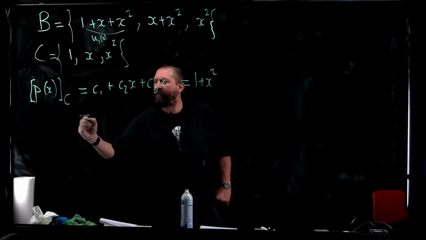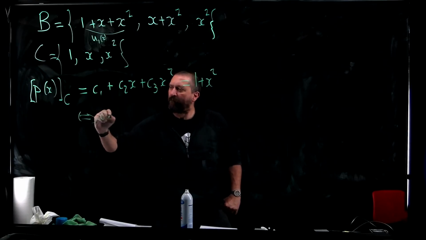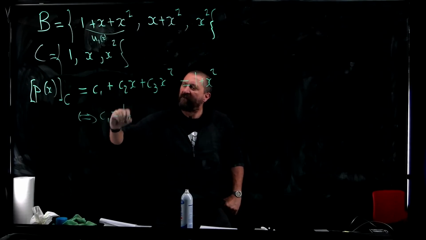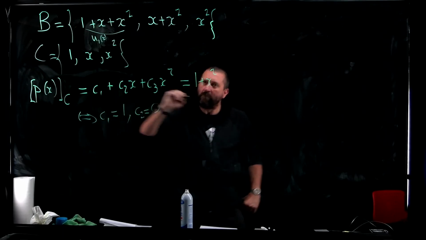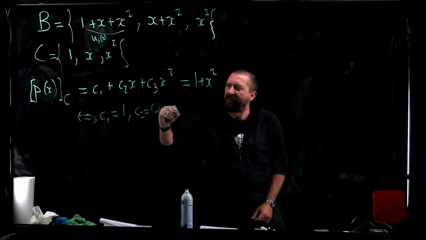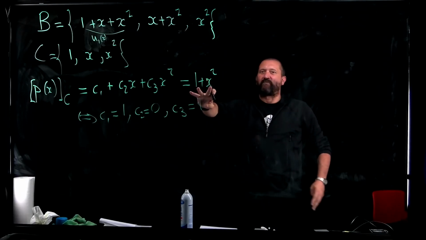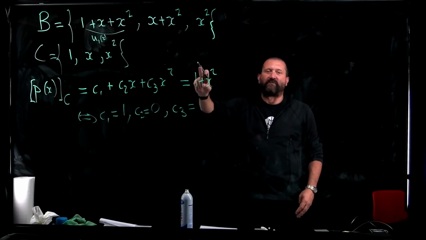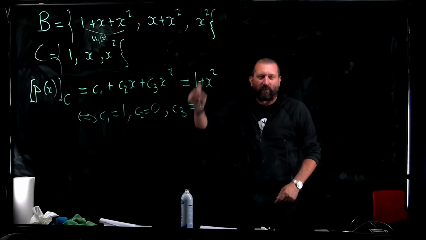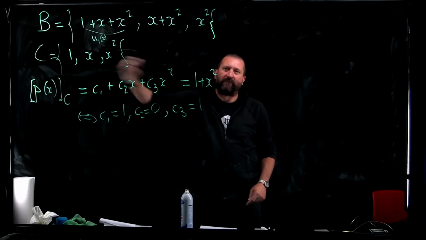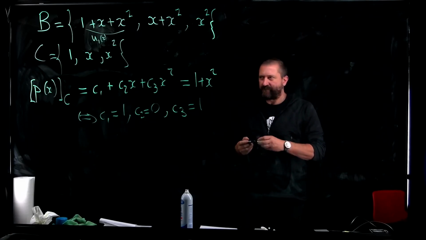And that means that C1 is equal to 1, C2 is equal to 0, and C3 is equal to 1. So once you have the expression in the canonical basis, you just have to take as coefficients the coefficients of the different entries.